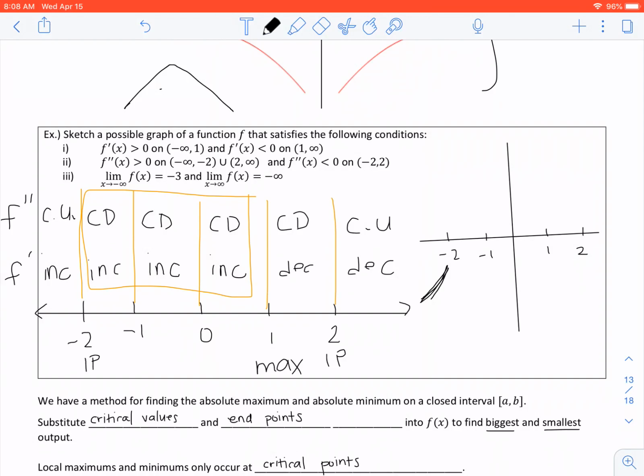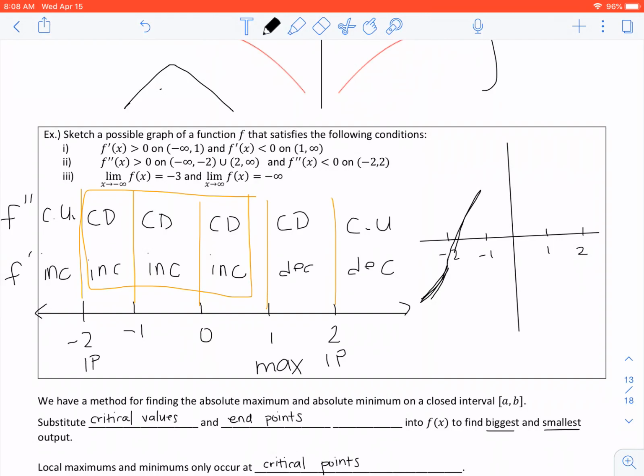And then it's going to switch, and from -2 all the way to 1, it is going to be increasing and concave down. So we can switch that. And this again goes all the way on to 1.